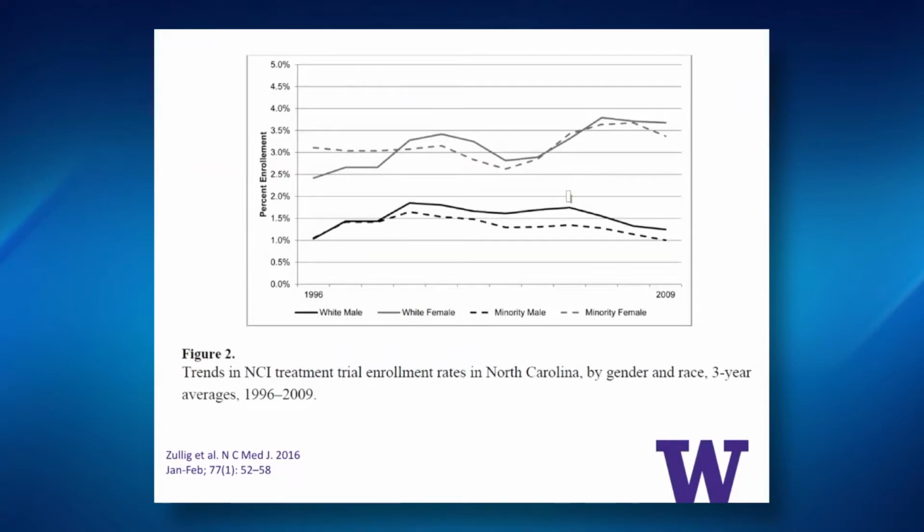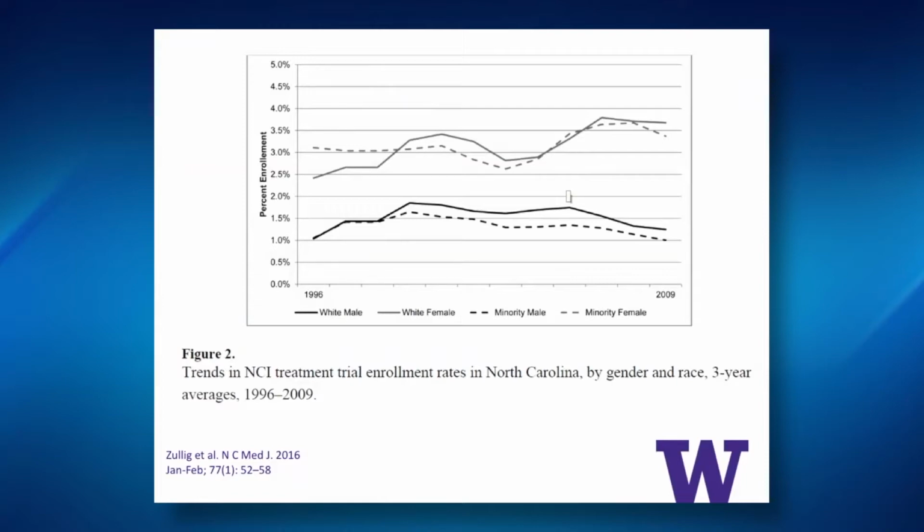And as you can see, only 1 to 3% of the population do participate in these trials, which is low to begin with, and we are relying evidence from that small group of people to make decisions about the entire population. But over time, we see that certain groups are actually falling behind, especially we see males and minority males especially has much lower rates of participation in these trials.